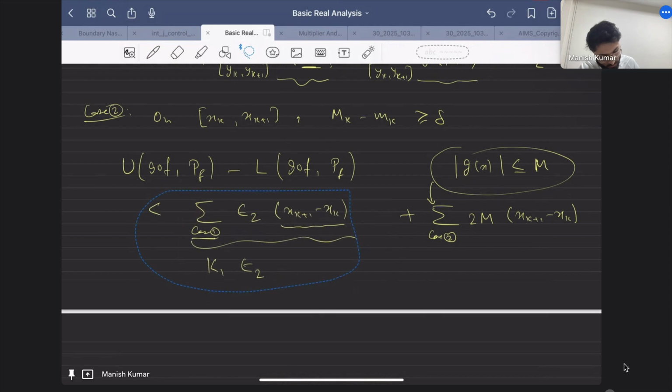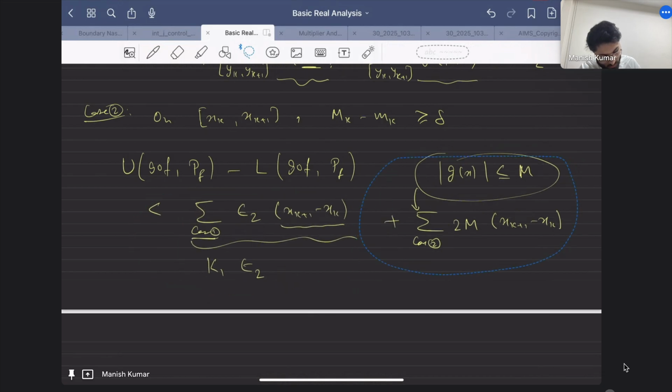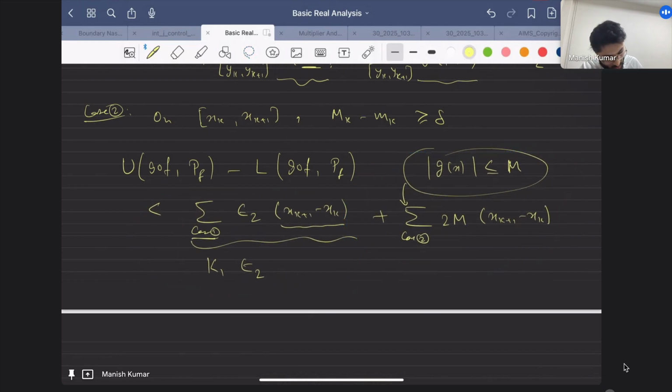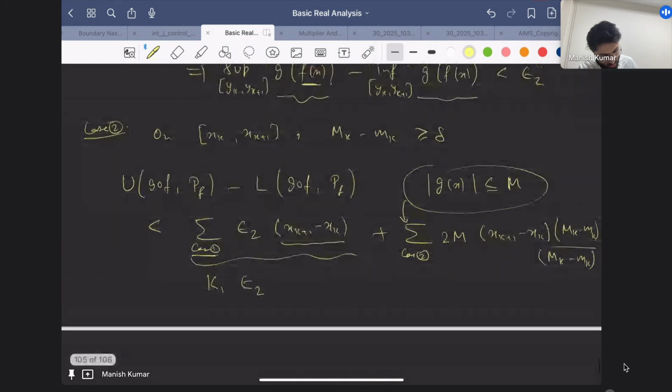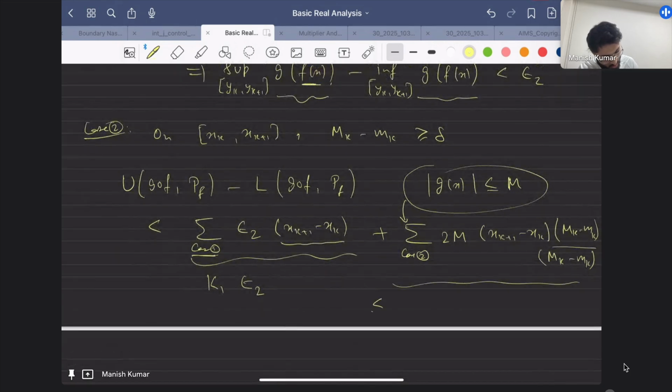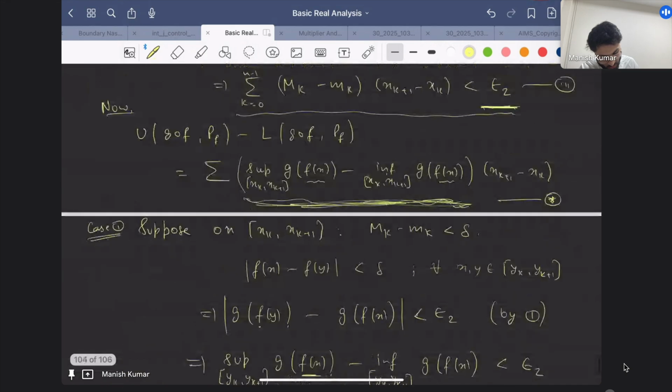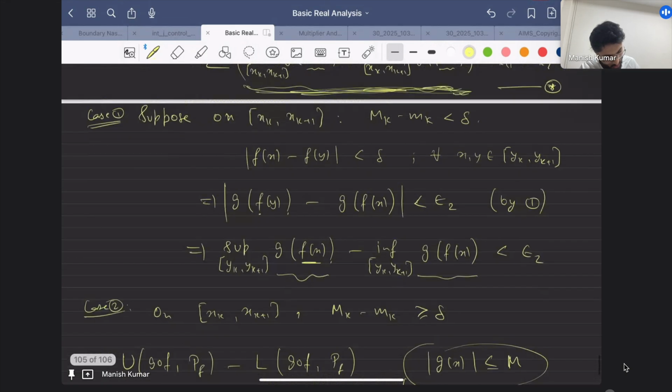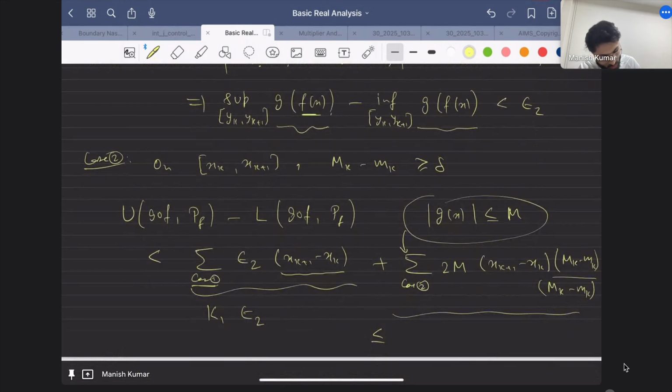This I can write as Mk minus mk, and then Mk minus mk. Suppose I write it, then from here I get, but for Mk I'll have to find the bound. So I know that this quantity, I can bring it outside the summation.